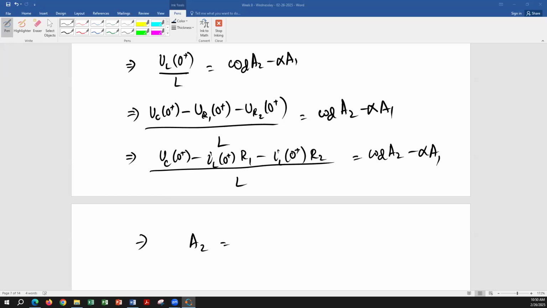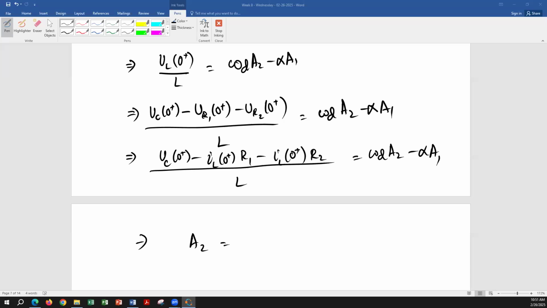IL0 is A1 and A2 is VC 0 minus IL 0 times R1 times R1 minus IL 0 times R2, divided by L, plus alpha times A1, and the whole thing is divided by omega d.